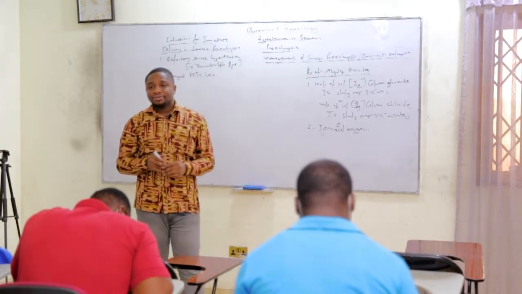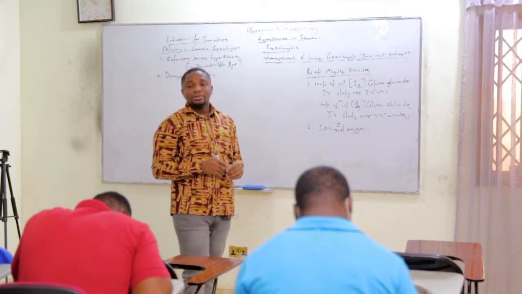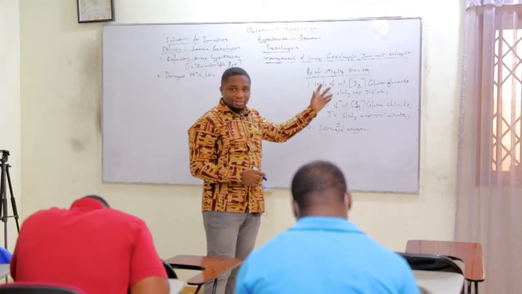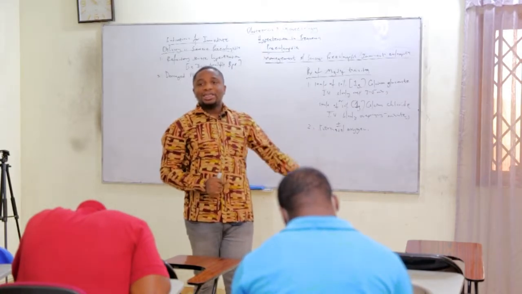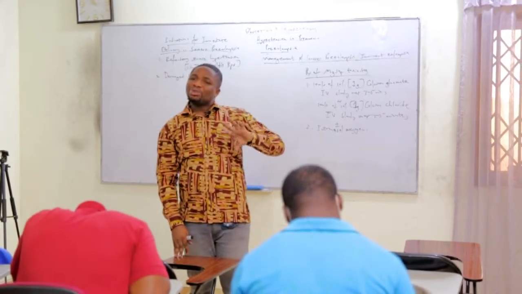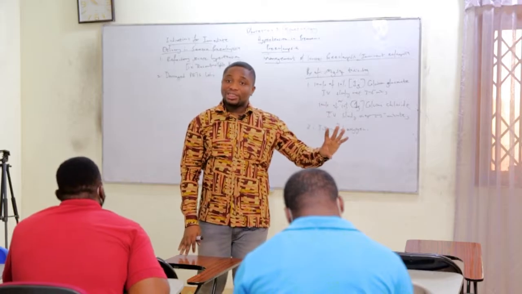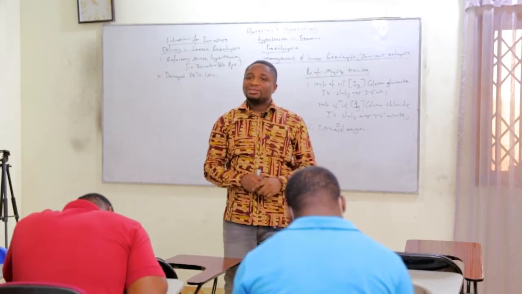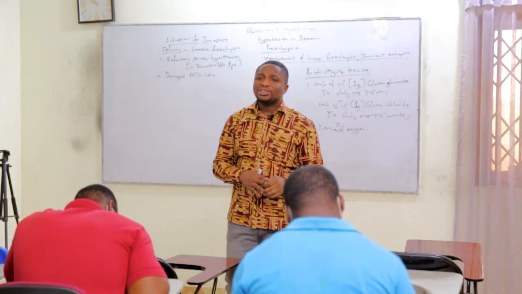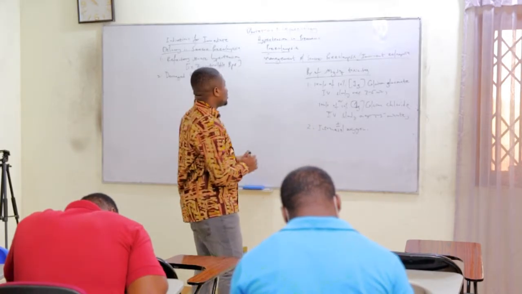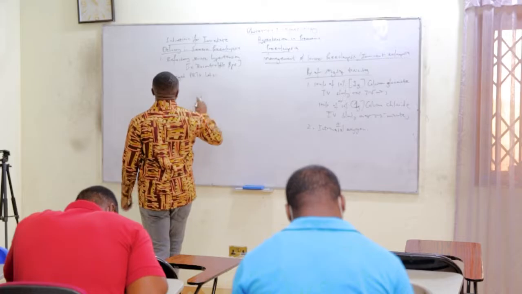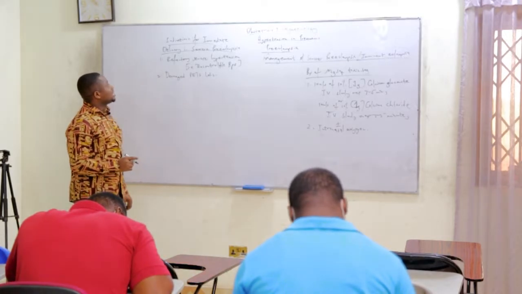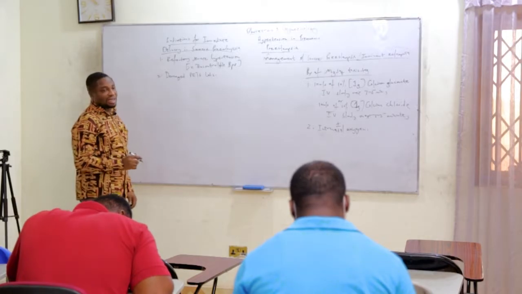Calcium 10 mils, it's the same volume as the calcium gluconate. The calcium chloride is more effective than the calcium gluconate, just that the side effect makes it less advantageous than the calcium gluconate. So deranged PET labs is an indication for immediate delivery in severe preeclampsia.